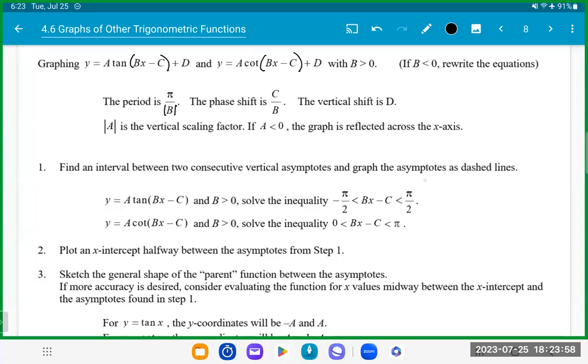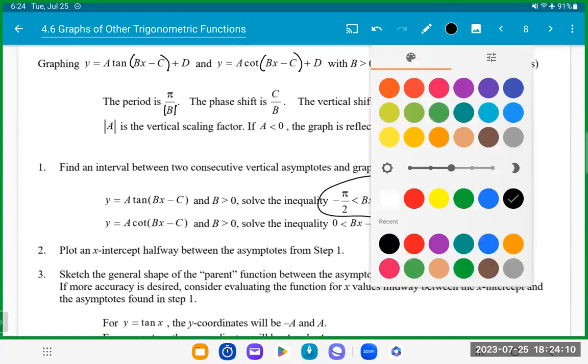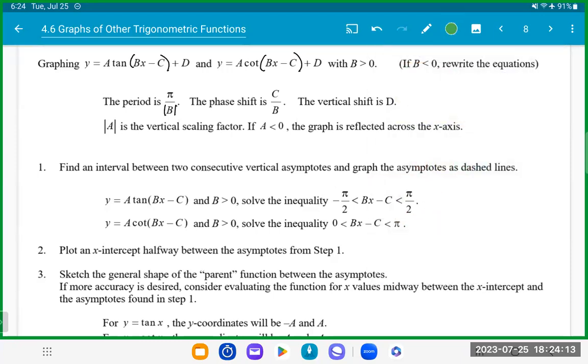And then in similar ways we're going to be able to determine those asymptotes, but the key difference here is remembering that for our tangent, you're going to do it from negative pi over 2 to pi over 2. So tangent can occupy this space, right? But our cotangent can occupy from here to here.